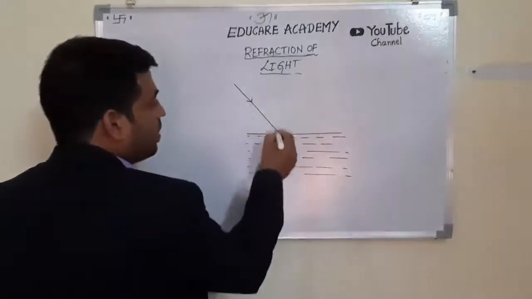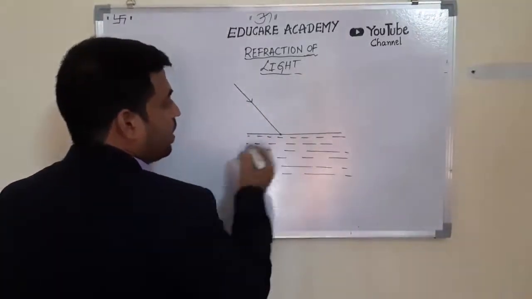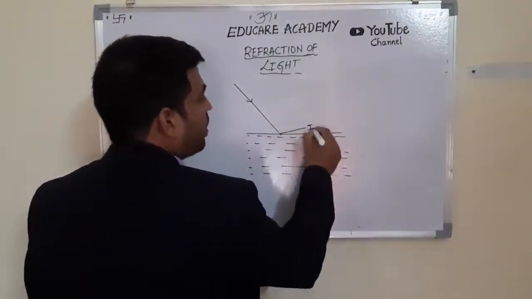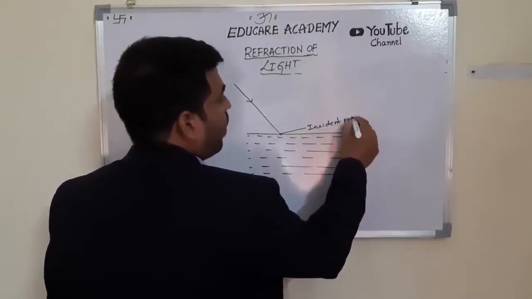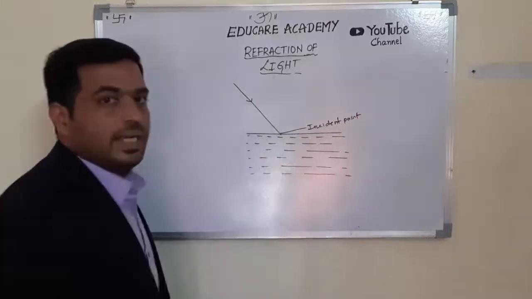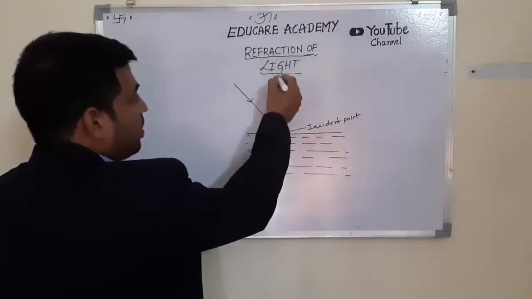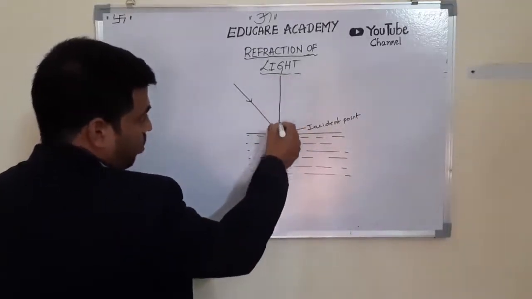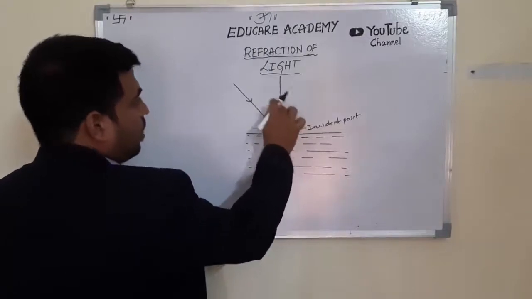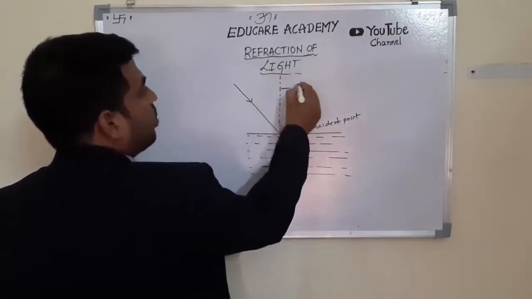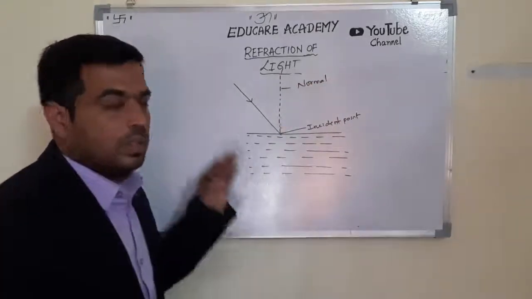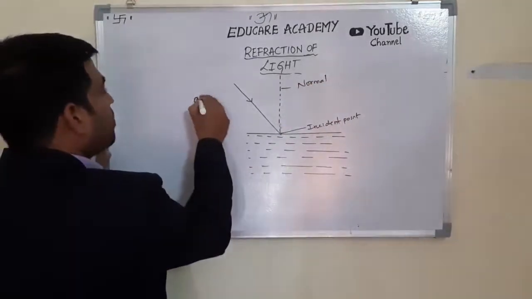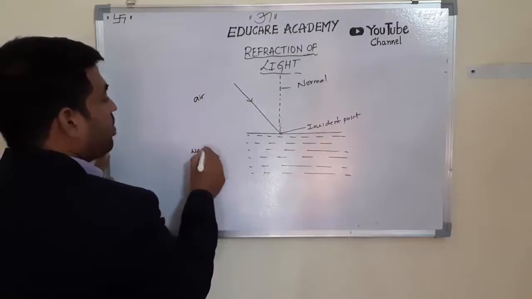Let us take this point as the incident point where the light ray is incident, and draw one normal. This is a normal line which is normal to both the air medium and the water medium.